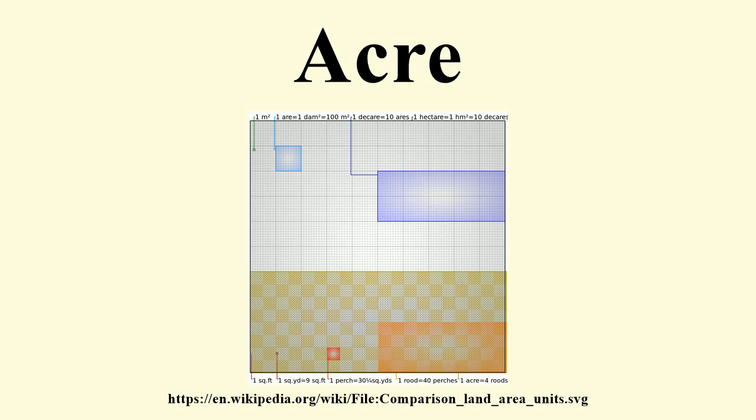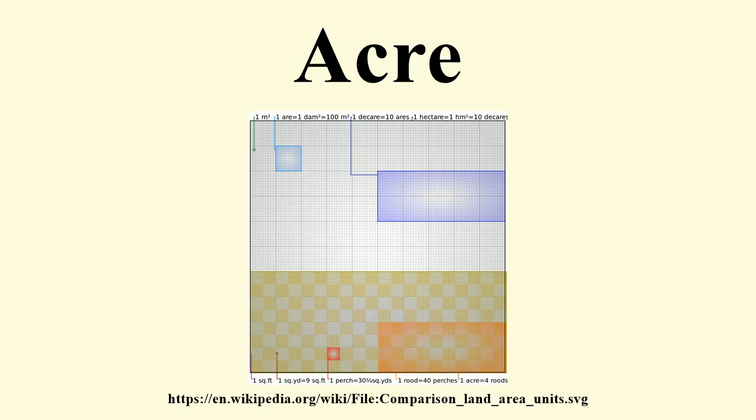Differences between international and U.S. survey acres. In the International Yard and Pound Agreement of 1959, the United States and 5 countries of the Commonwealth of Nations defined the international yard to be exactly 0.9144 meters.